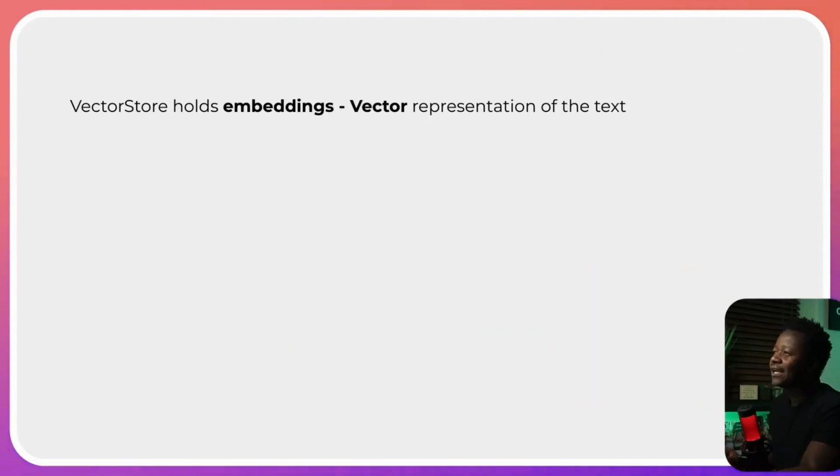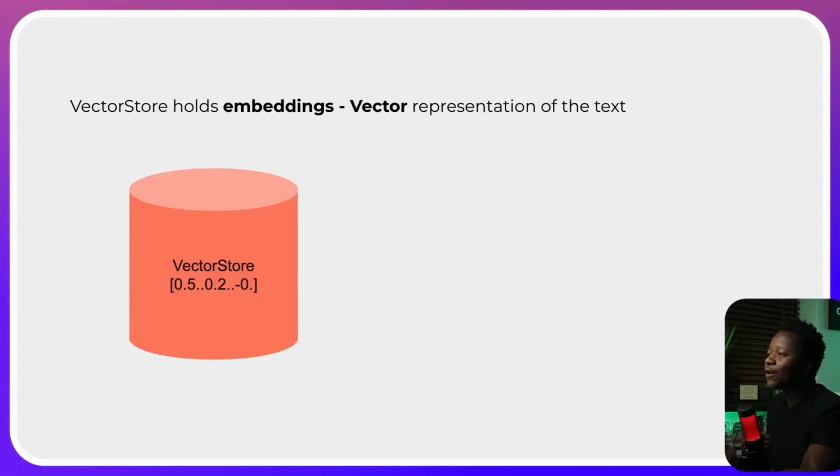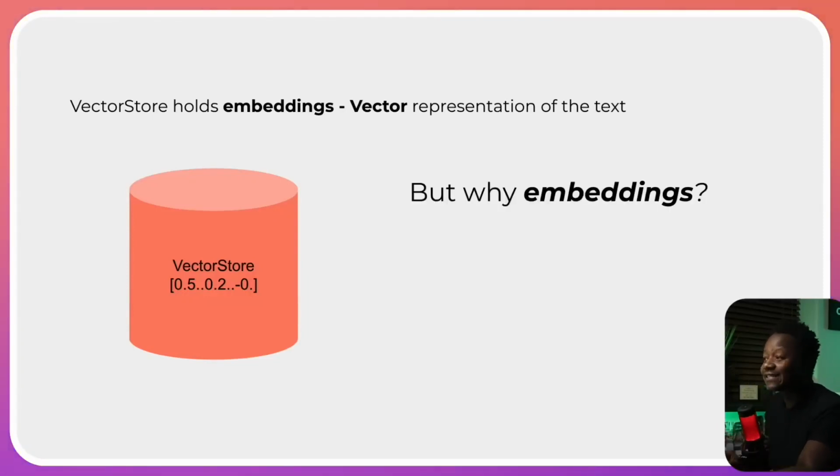A vector store holds embeddings. An embedding is a vector, just a mathematical representation of the text of those documents, and that is what is put inside the vector store. A vector store is just a database that holds all of this mathematical representation of our document.